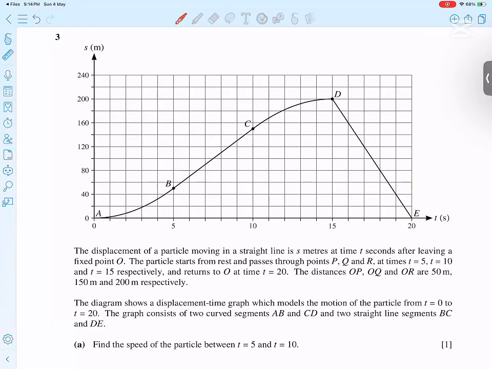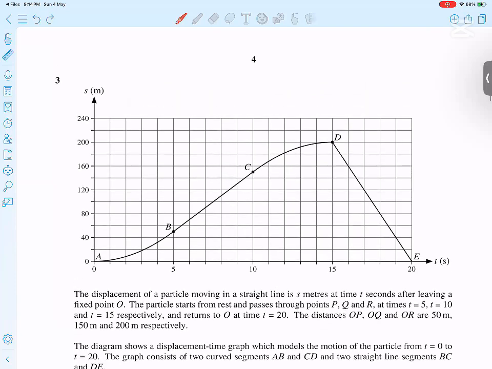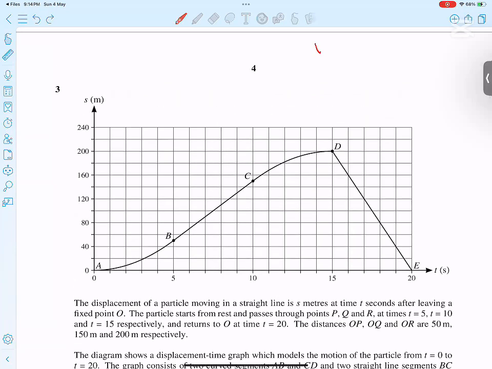So we have student question number 3, and this question is about a distance and time graph. Just a quick revision: whenever a velocity time graph comes, we have 2 rules. Rule number 1, extra knowledge, is that the gradient of the line represents acceleration and the area under the line represents distance traveled.